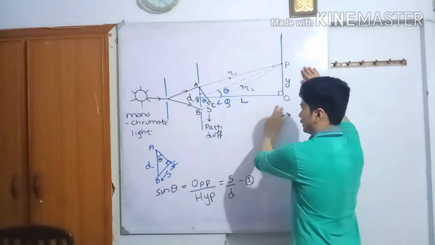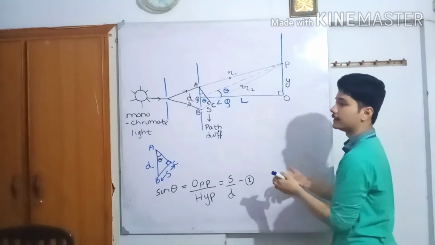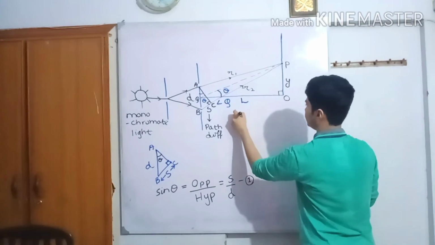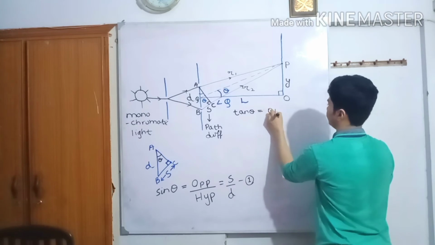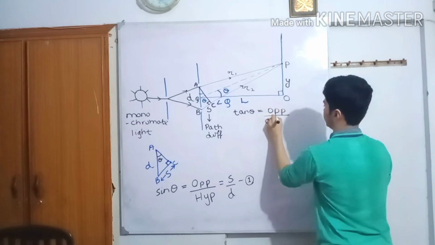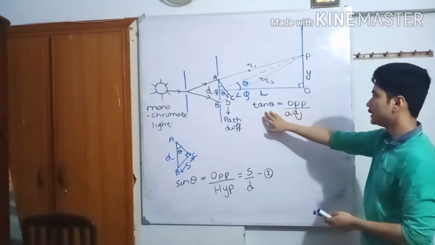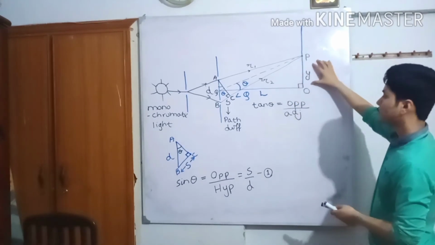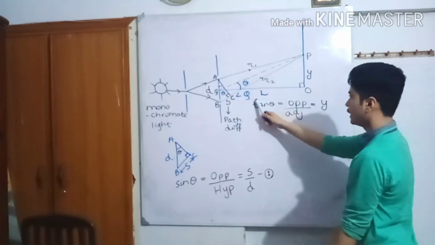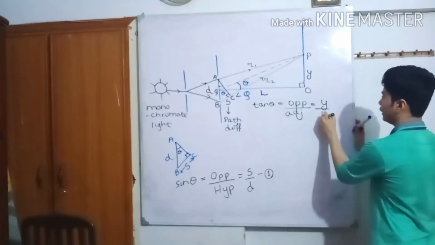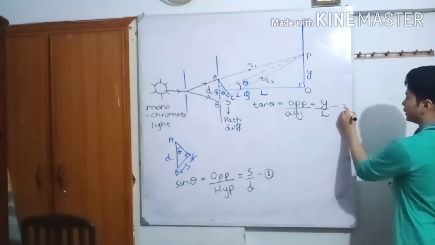This is adjacent, and the ratio of opposite over adjacent is tangent theta. As you can see, this opposite is y, and this adjacent is L, so y over L is tangent theta. We get equation number 2.